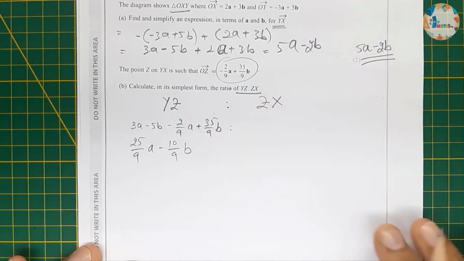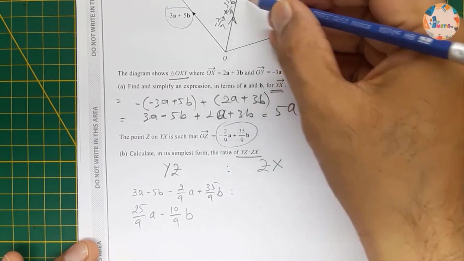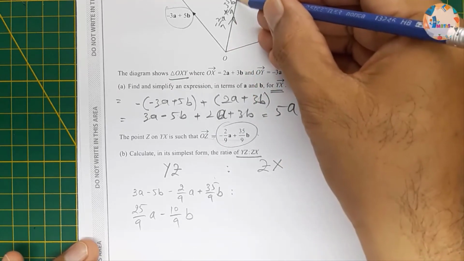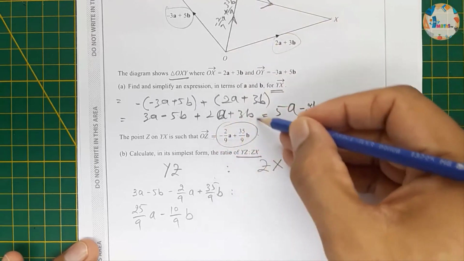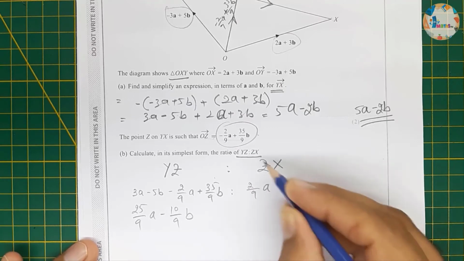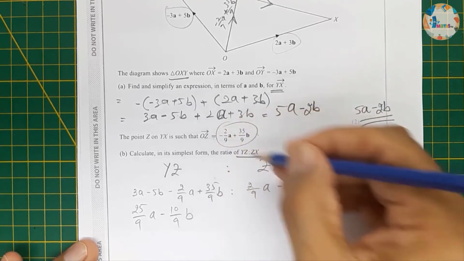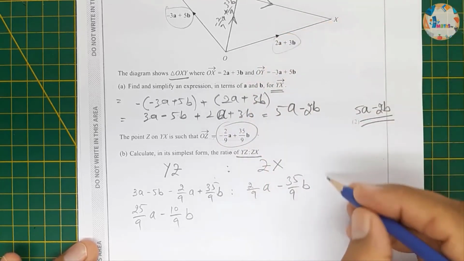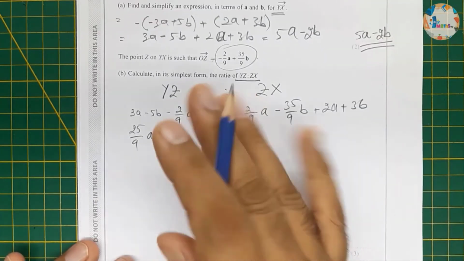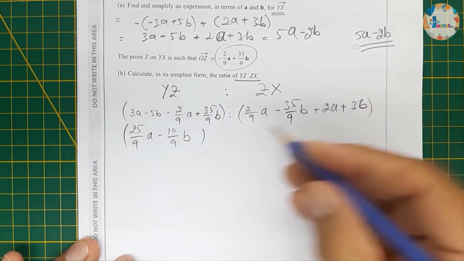Now we can go for ZX, and we know ZX is this vector, so we can take this route and this route. Minus of this vector, which is given over here, so minus of this vector will be 2 by 9a minus 35 by 9b, negative of this vector I have taken, and plus 2a plus 3b. We can put brackets over here and over here as well.